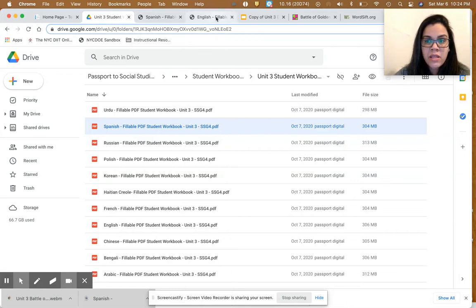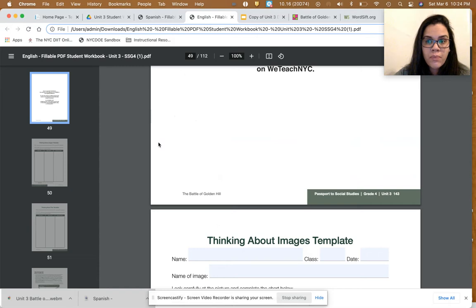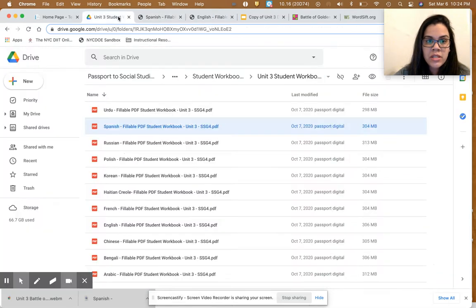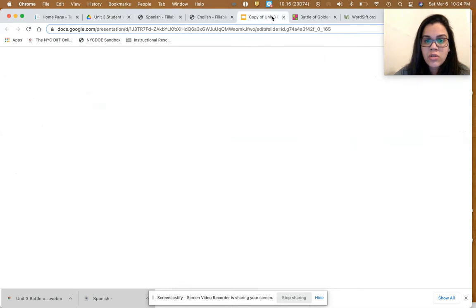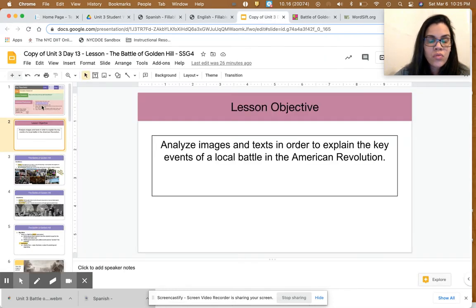Students can be given the English pages and the pages in their native language to analyze the images for the introductory portion of the lesson the night or even 2 days before the actual lesson, so that students have time to read a little bit about the content and study the images. This will better prepare our multilingual learners and English language learners, not just with learning the content, but participating during discussions.